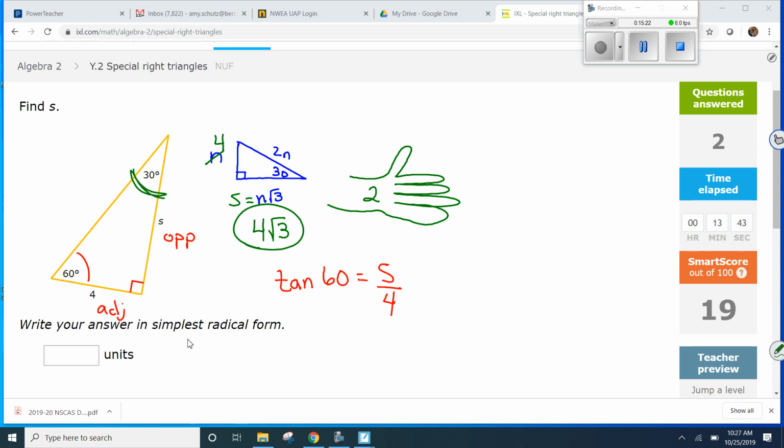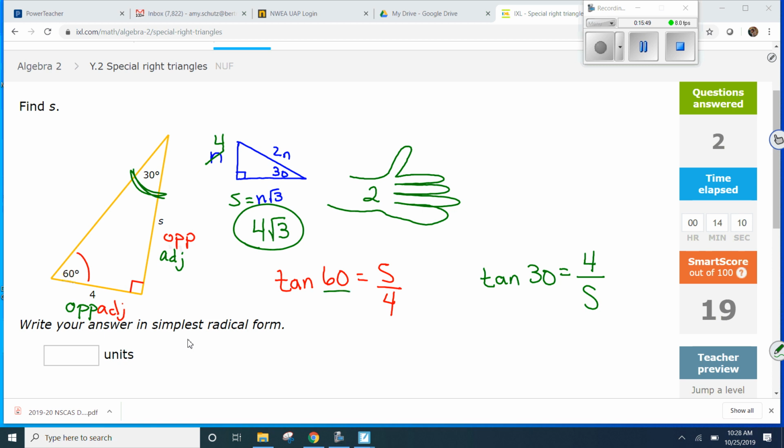If you use 30 degrees, your opposite side is 4, and the adjacent side is S. So then the tangent of 30 degrees is equal to opposite over adjacent. They look like reciprocals of each other. So now you have to figure out which one of those two you prefer. Does not matter to me.